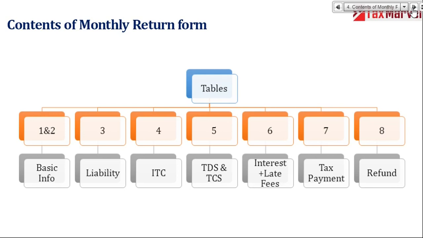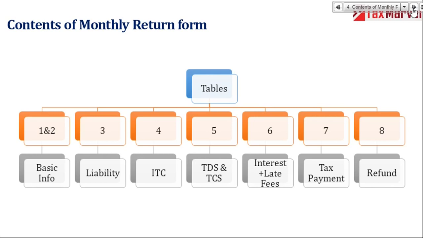Same as whatever we are filing today in GSTR 1 or 3B. Table 4, input tax credit, again we'll see. Table 5, TDS and TCS credit. Table 6, interest and late fees. Table 7, payment of tax. And table 8, refund of amount from electronic cash ledger.